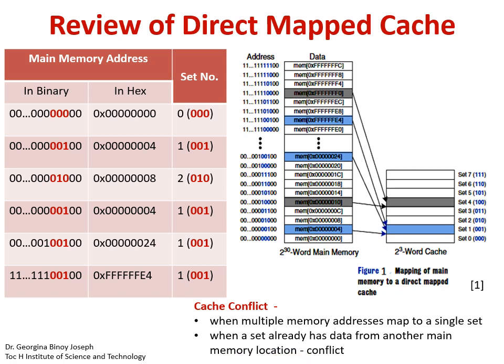Now look at this particular set, that is set 1. Suppose the first processor memory access has brought this data word into this particular set. Now the next processor memory access probably requires not this data word, but, for example, this data word. When it brings it in, it has to bring it into the same set.